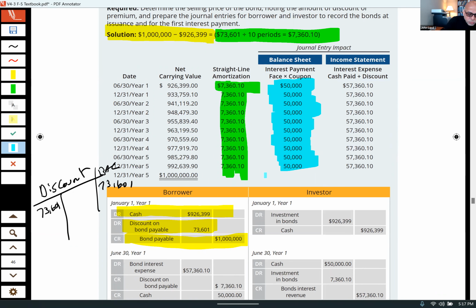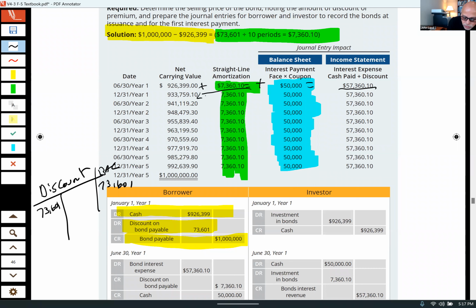Now, what happens when I want to figure out my interest expense? I add that discount amortization to the 50,000. That gives me my interest expense. And when I want to figure out the new carrying value of the bond, I add the discount amortization to the previous carrying value to come up with the new carrying value.